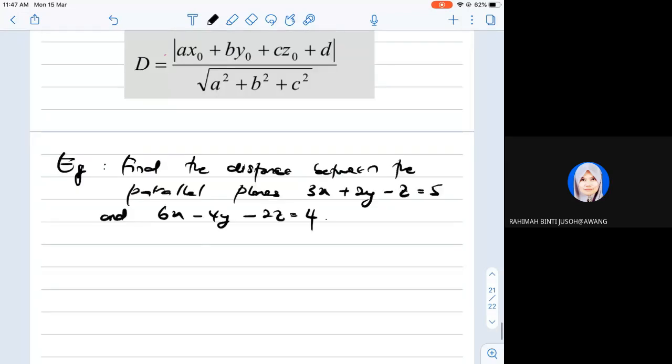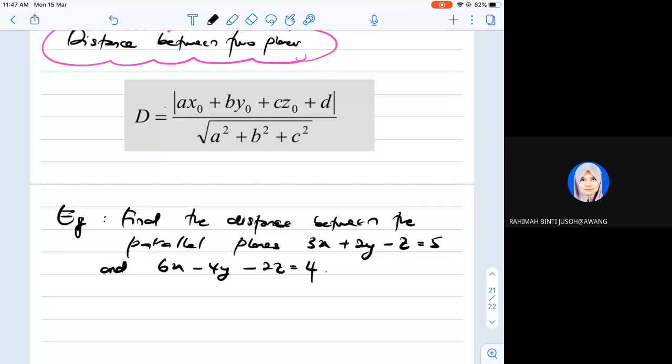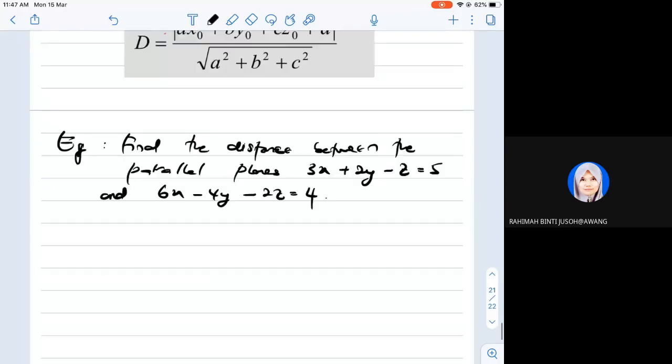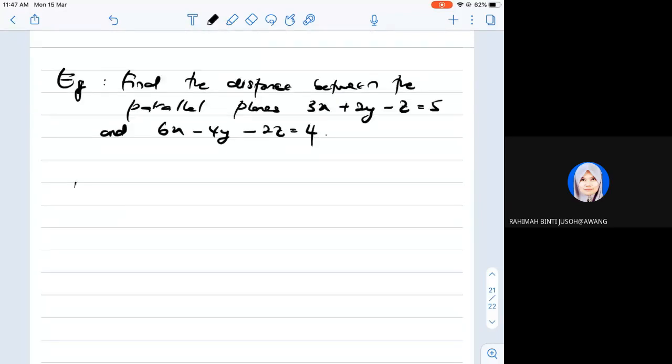Okay, so now, first of all, you are given two equations of planes. So take out the equation, P1, 3x plus 2y minus z equals to 5. And then second plane is 6x minus 4y plus 2z equals to 4.